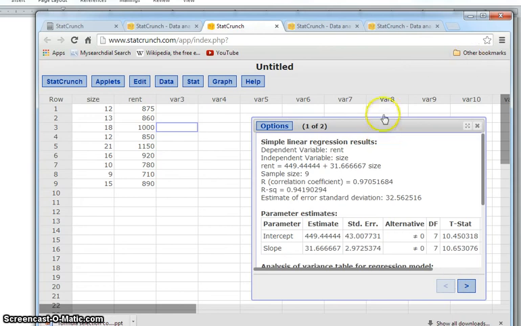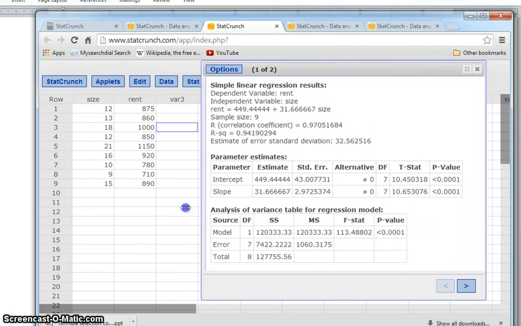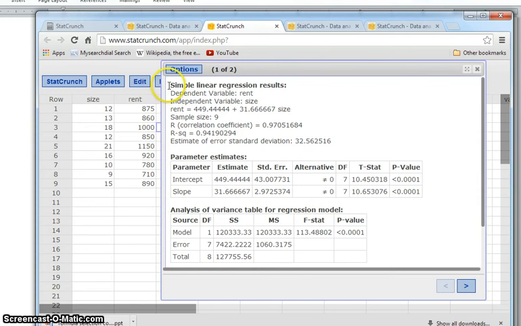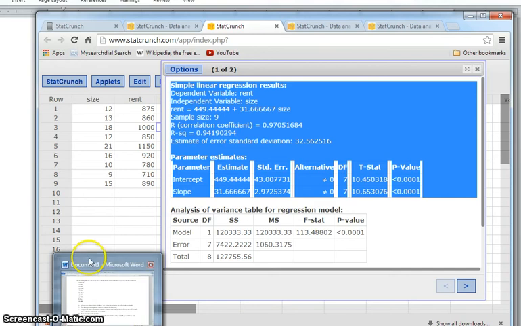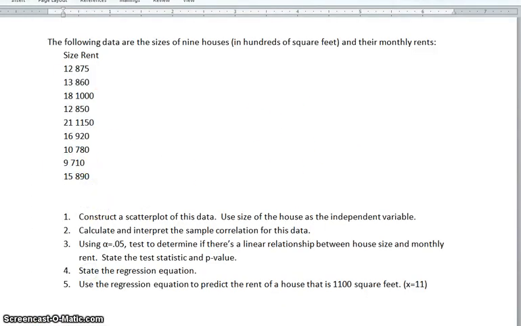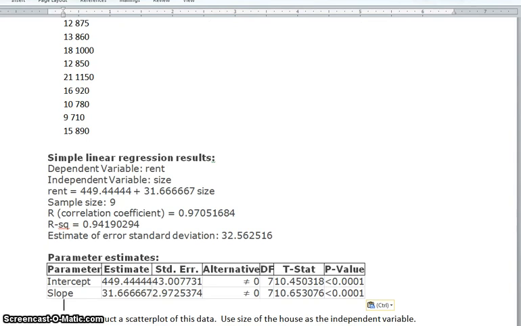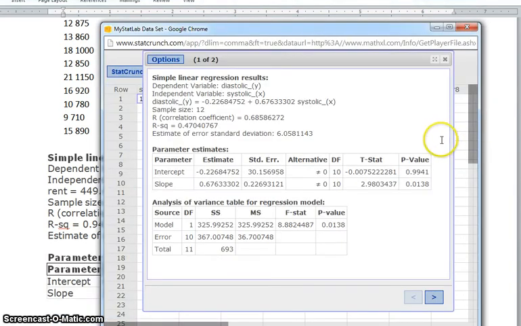Compute. Make this bigger so we can copy all of it. We need to make it even bigger than that. Well, I guess we can't copy that all at one time. Alright, so we'll just copy and paste this over here. Control C to copy, and go over here and Control V to paste. And then there's actually more down here.